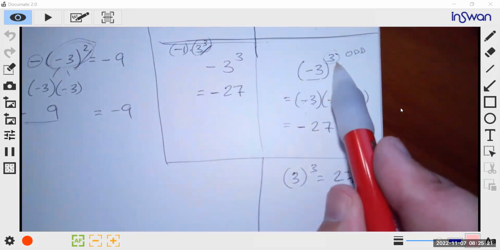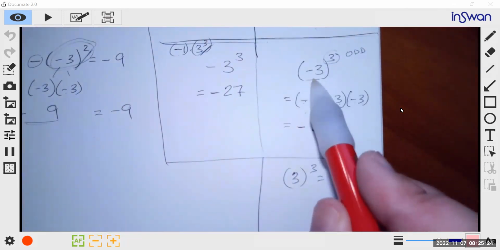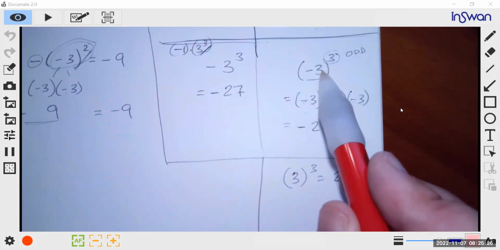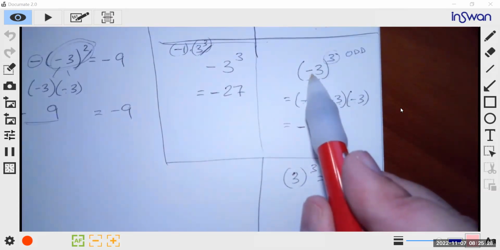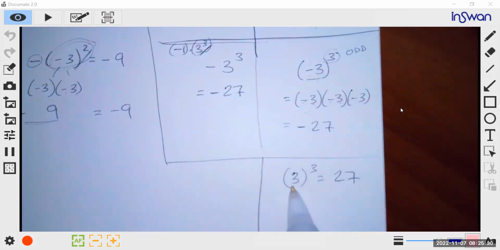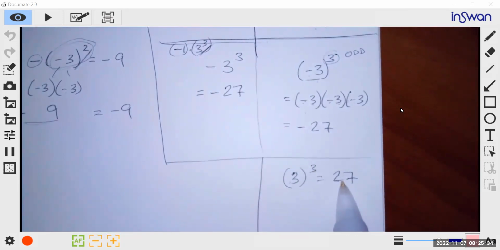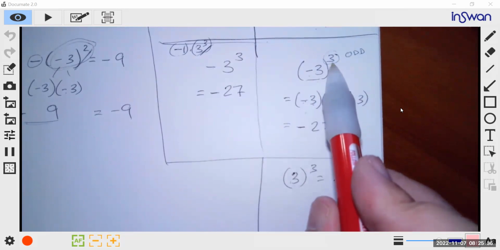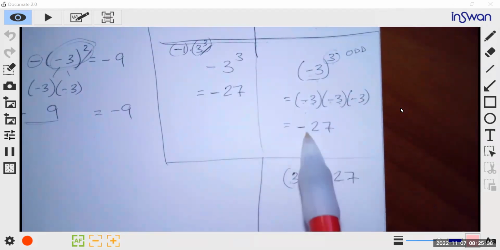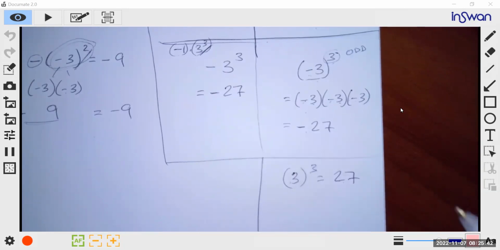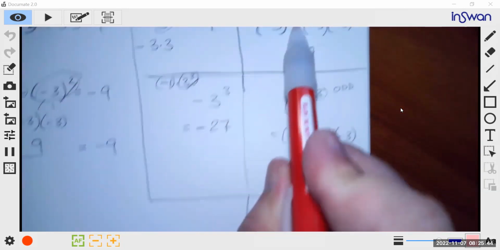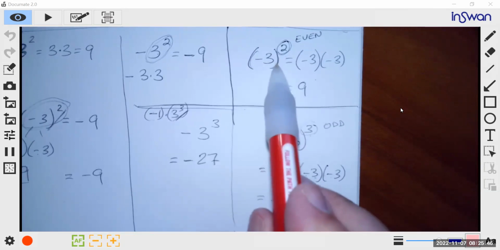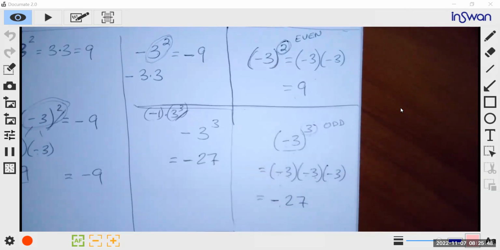If the base is positive and it's an odd exponent, it'll be positive. If it's an odd exponent and it's negative, the answer will be negative. With even, as long as it's inside the parentheses, it's always going to be positive.